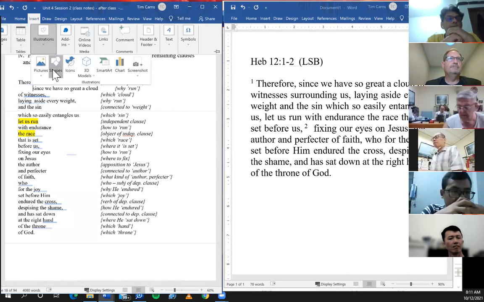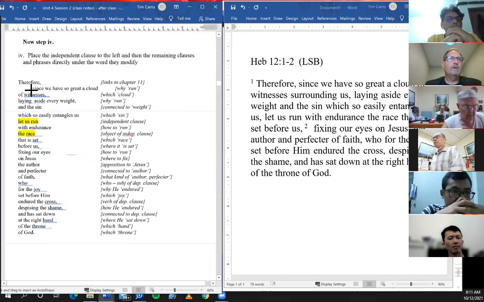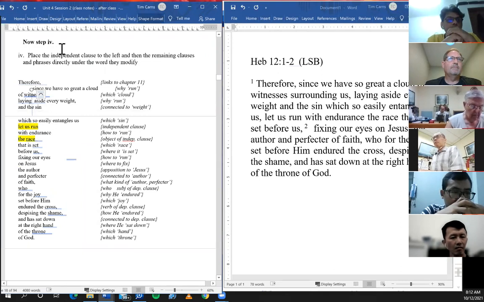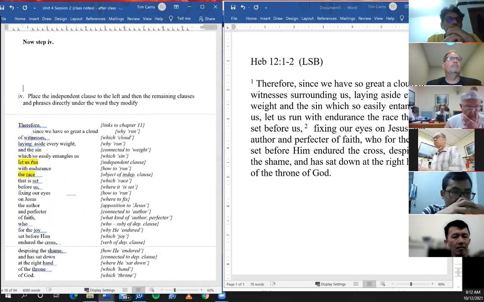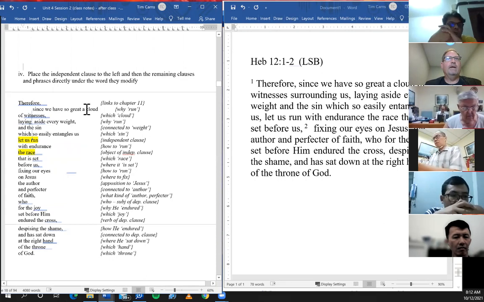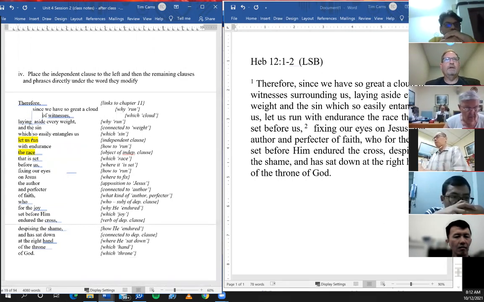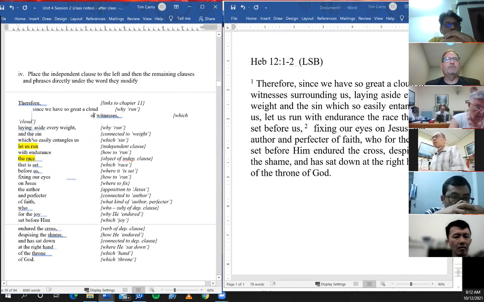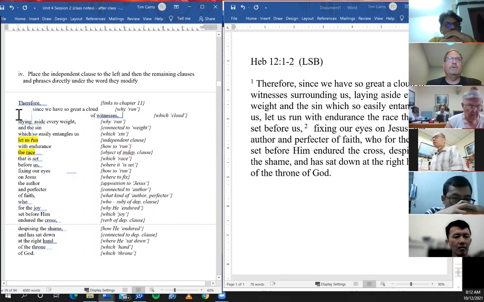It's modifying run. It's indicating why we run. And then we talked about of witnesses. We said that was modifying cloud, describing a cloud, so I'm going to put it underneath cloud.